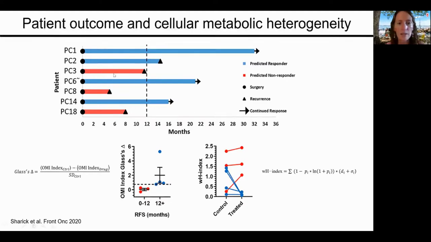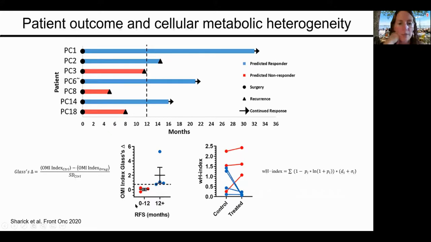So we defined whether or not these patients would respond or not based on 2 things. This Glass's delta index, which I'm showing here, the definition again is the OMI index for the control minus that of the drug treated sample divided by the standard deviation of control. So we tested multiple treatments, but here we're just talking about the treatment that the patient was actually given, and then we follow them up over time.